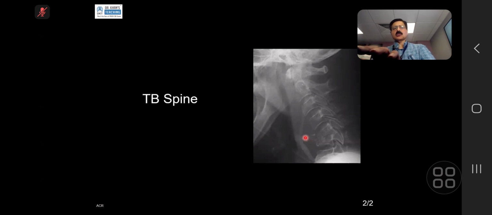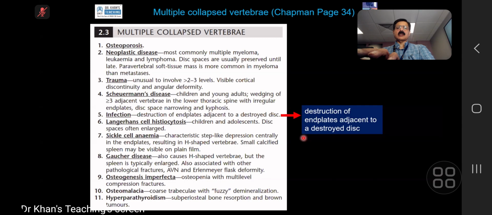So this case was TB, but I'm not expecting you to call it TB, just call it infection. That is fine. The key finding is that the intervertebral disc is also destroyed. This is the differential in your book, multiple collapsed vertebrae. Of course, our case was a single collapsed vertebra.